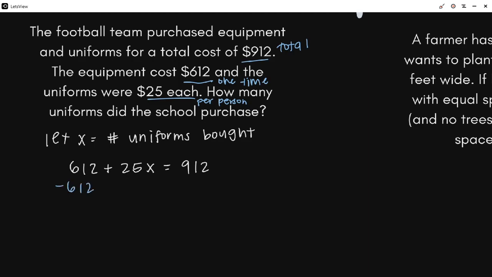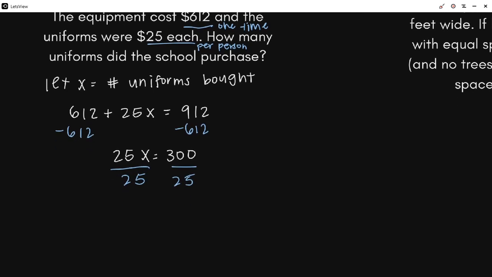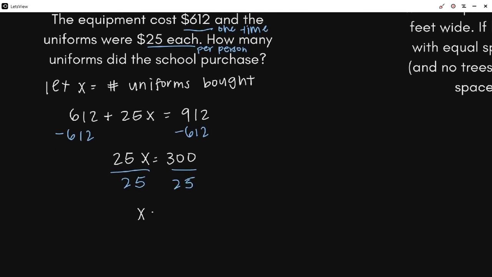Then to solve, we're going to subtract 612 to get x by itself. So 25x equals 300. And then divide by 25. So x equals 12. So the answer would be 12 uniforms.